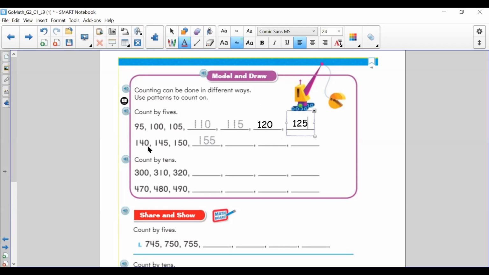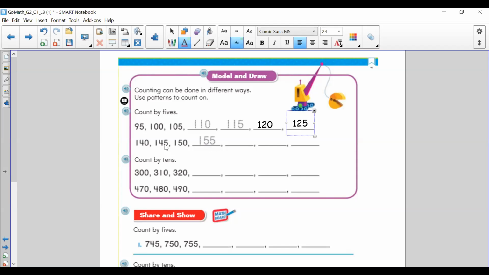So we could count 40, 45, 50, 55, but we have to say 140, 145, 150, 155. Well, what number can you think, if you're counting by fives, would come next after 55? Now, I know if you start at 0, most of you can count by fives all the way to 100.